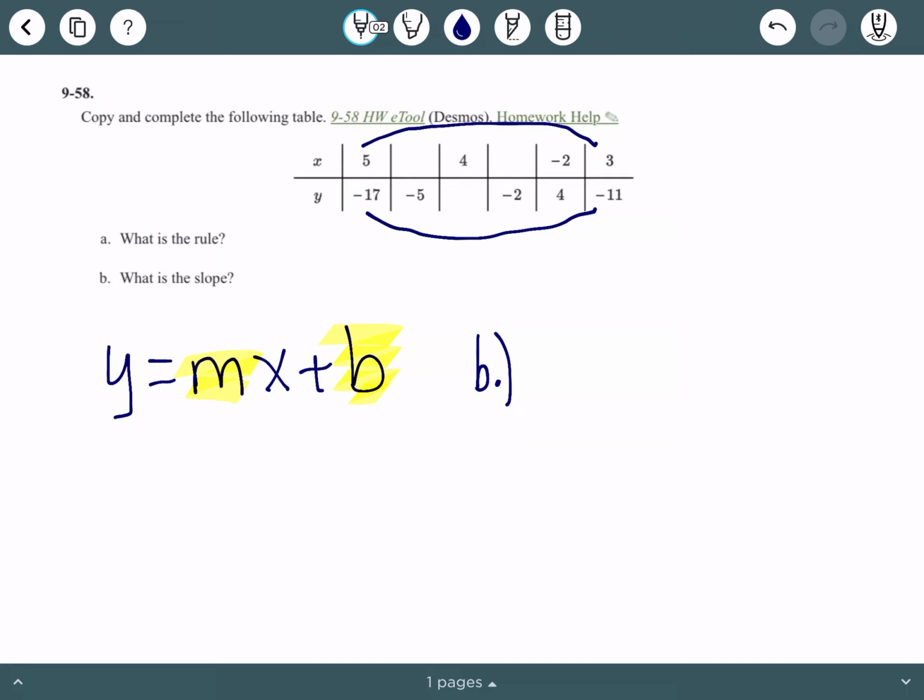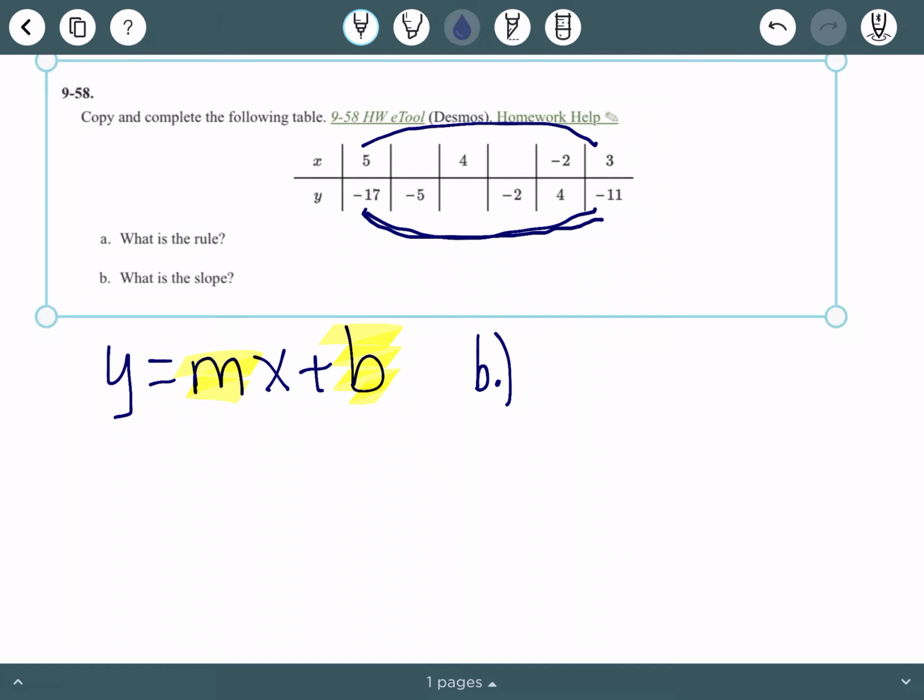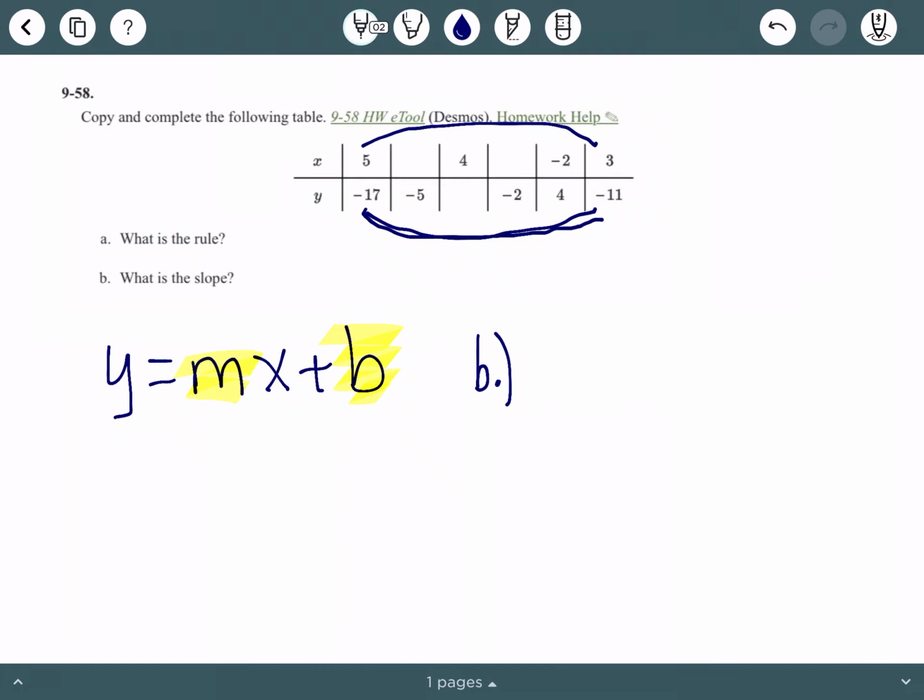So if we're going from 3 to 5, to get from negative 11 to negative 17, I'm subtracting 6. So that is a change of negative 6.